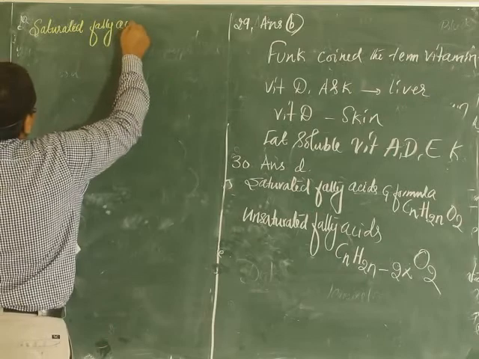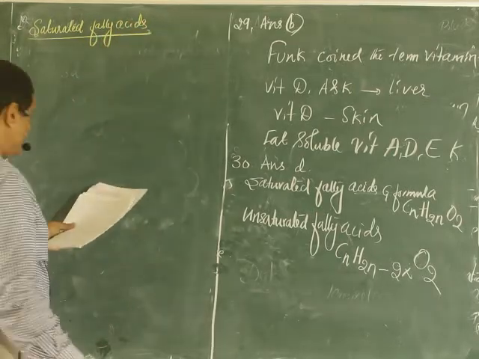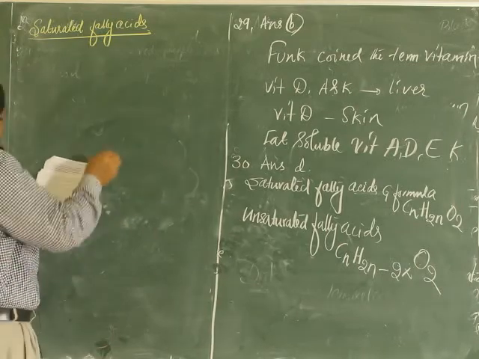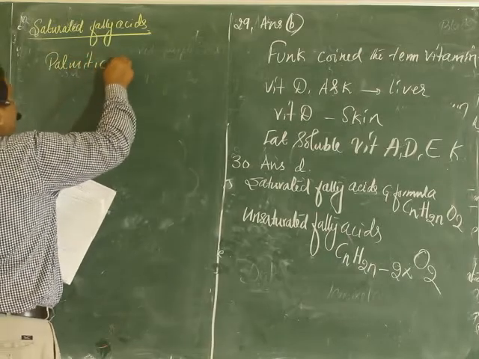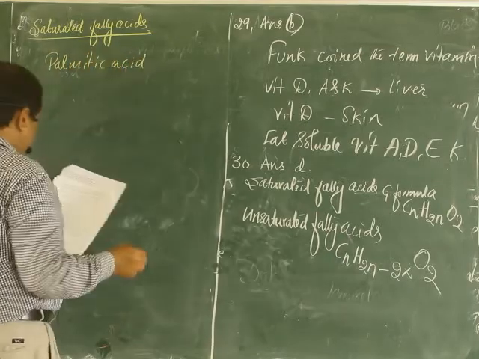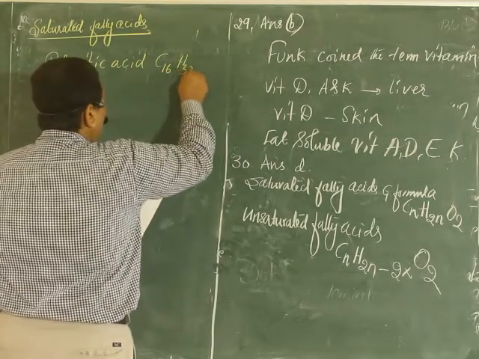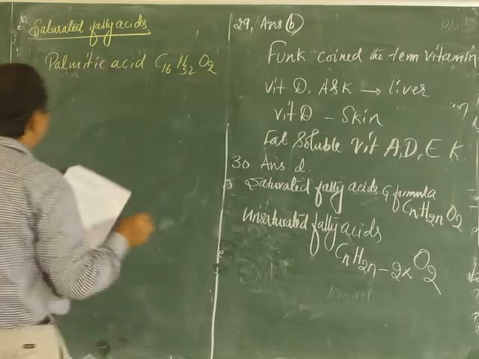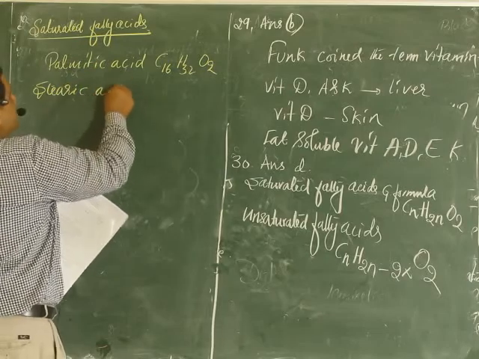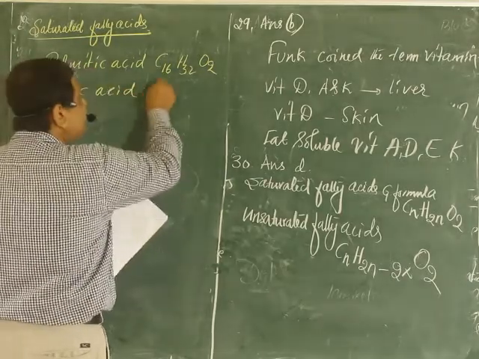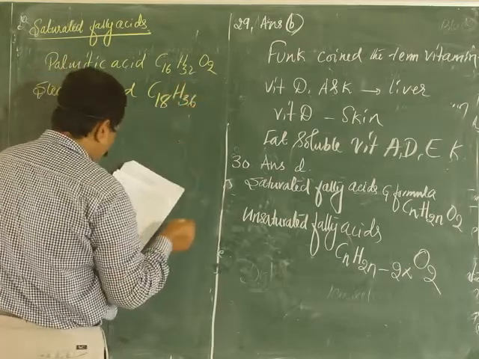Dear students, the saturated fatty acids are palmitic acid, formula C16H32O2, stearic acid, it consists of C18H36O2.